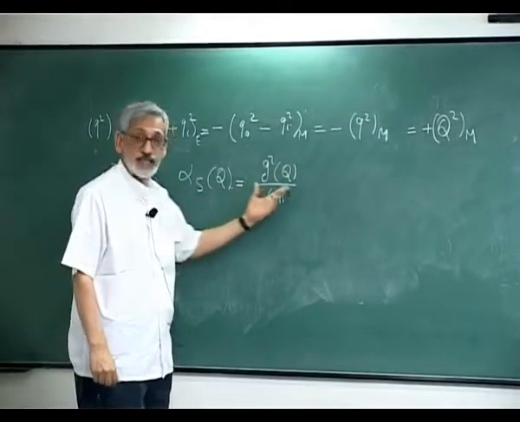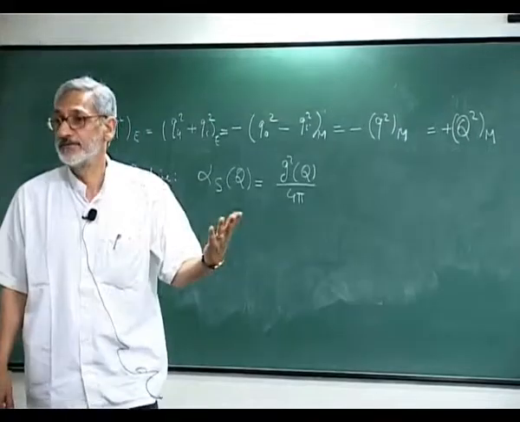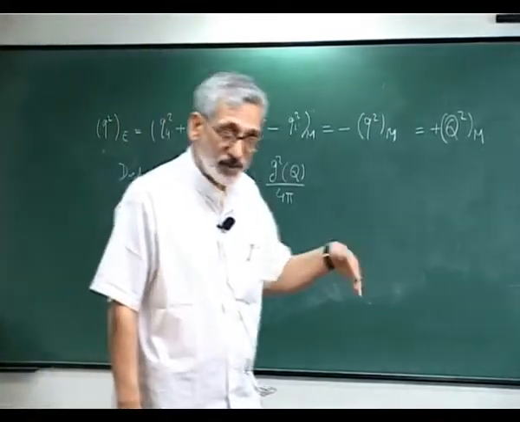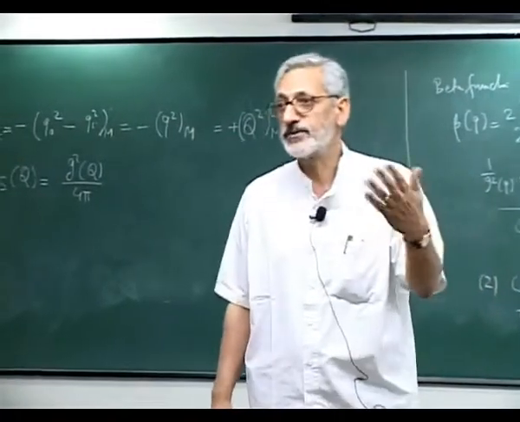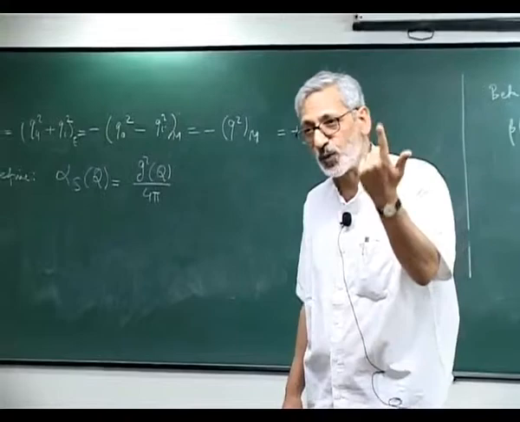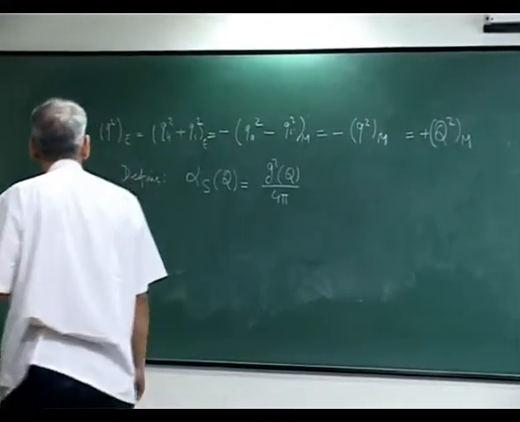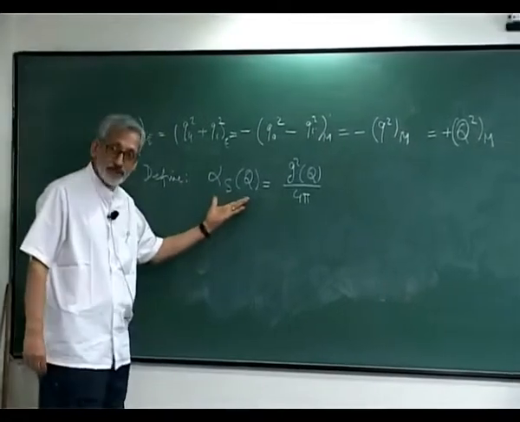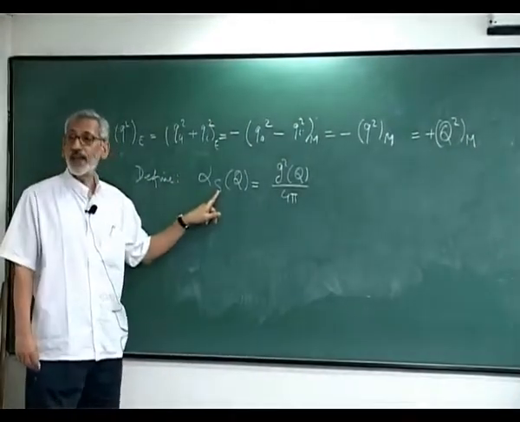This is really the effective coupling of the theory, g square by 4 pi. In the same way, the fine structure constant in electromagnetism is e square by 4 pi, in units where h cross is 1 and c is 1. So this is the real coupling constant of strong interactions, like the fine structure constant of electromagnetism. That's why it's s here.